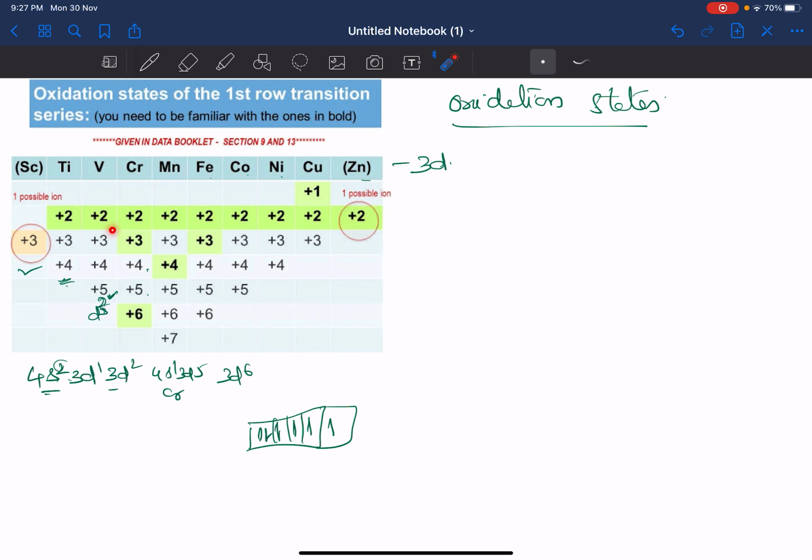And next, the maximum oxidation number is exhibited by the middle of the series. Manganese is the middle element, so it will exhibit the maximum oxidation state, that is +7.